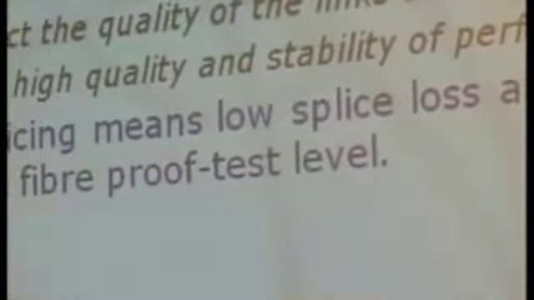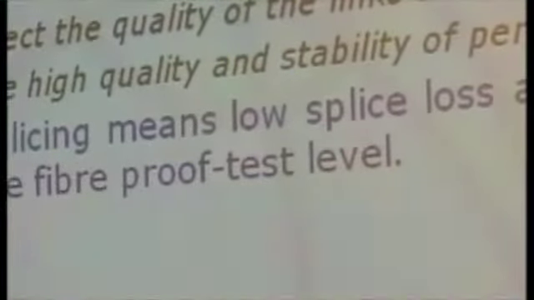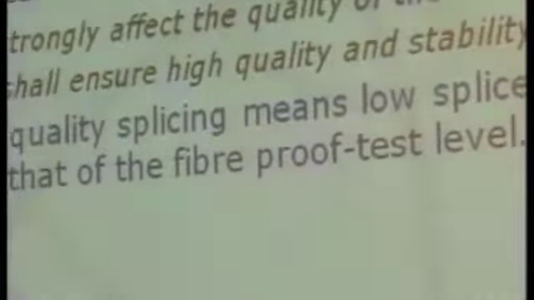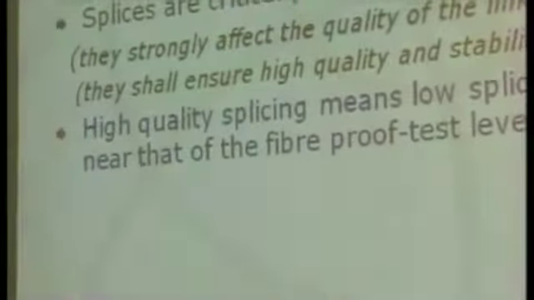The idea of applying a proof test during fiber manufacturing is to split the fibers into good pieces and use only the strongest part of the fiber that was manufactured. When we put two of these stronger fibers together and make a splice, we want the splice to be as strong as the fiber.